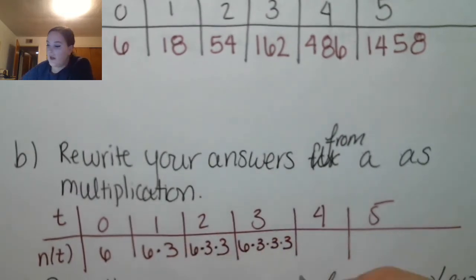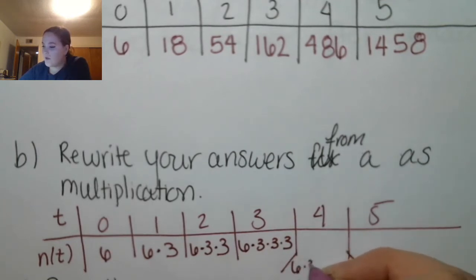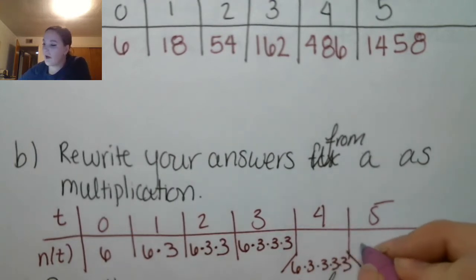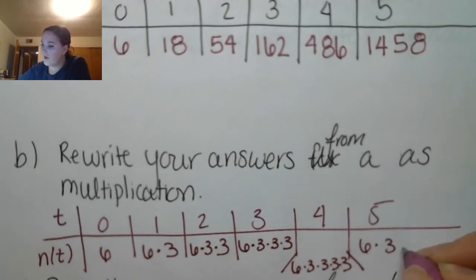Again here we had 6 times 3 times 3 times 3 times 3. And for the last one we multiplied by 3 one more time: 1, 2, 3, 4, 5.